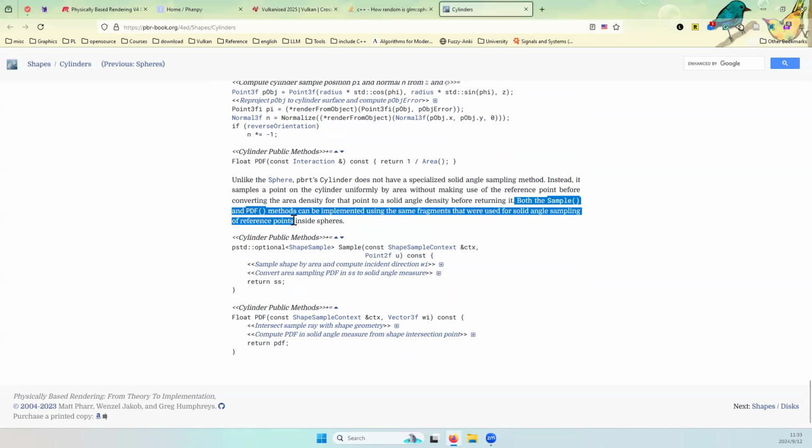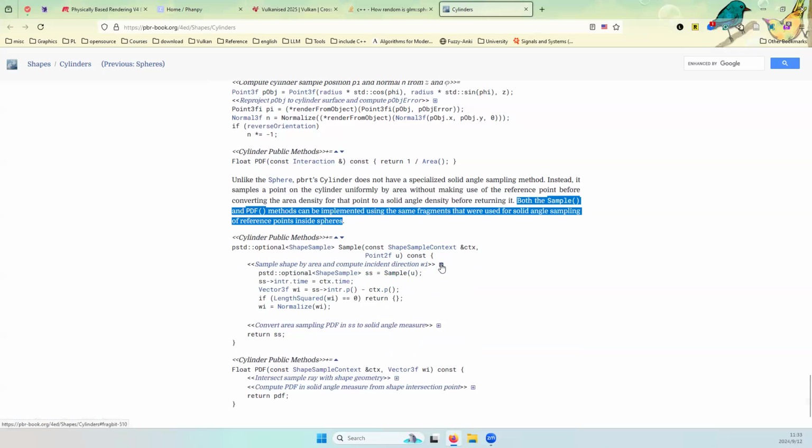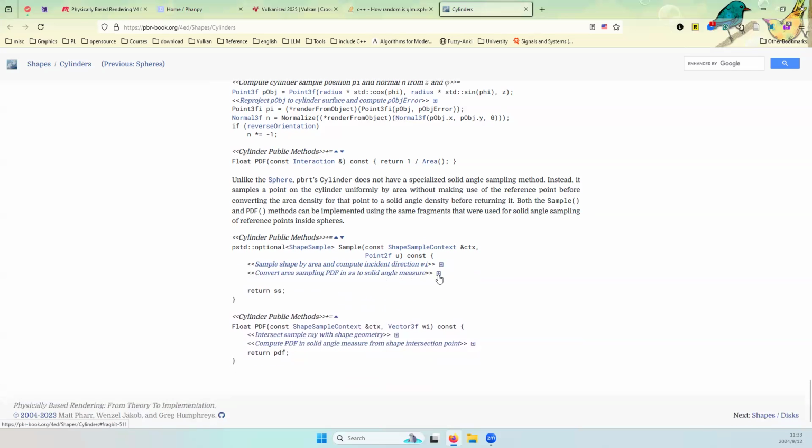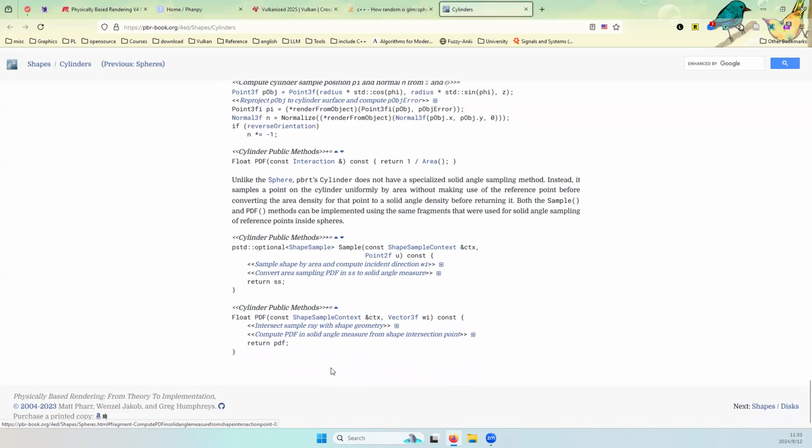Both sample and PDF methods can be implemented using the same fragments that were used for solid angle sampling of reference point inside spheres. All right. But I didn't understand this part last time, so I don't know. Let's just assume it's working.